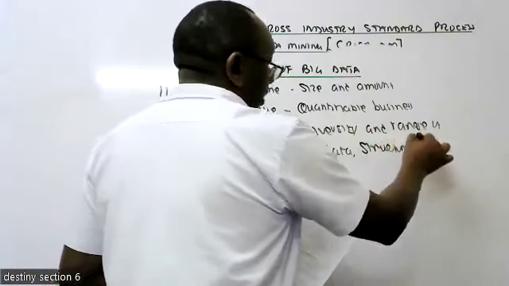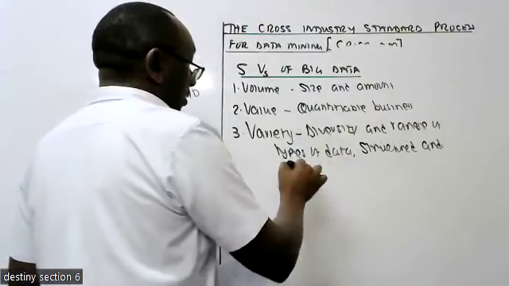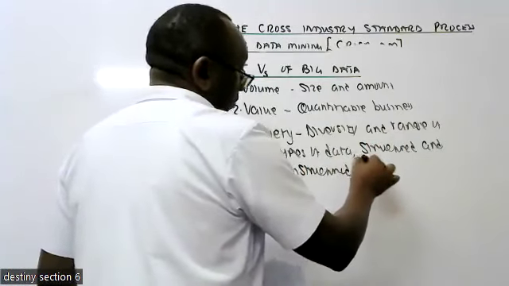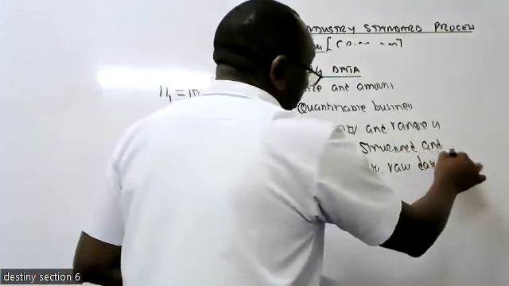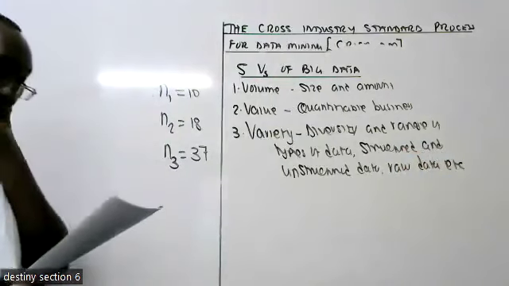Structured and unstructured data, raw data, etc. The types of data, that's what you're calling variety.